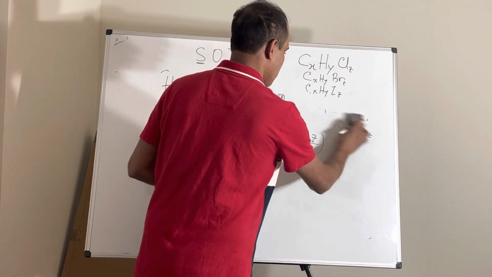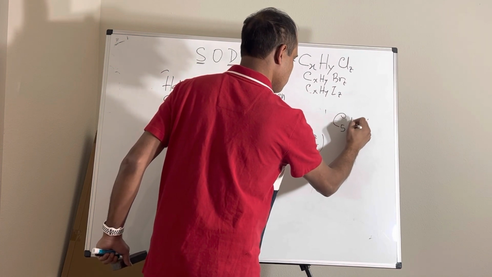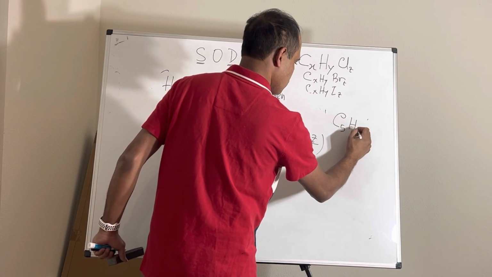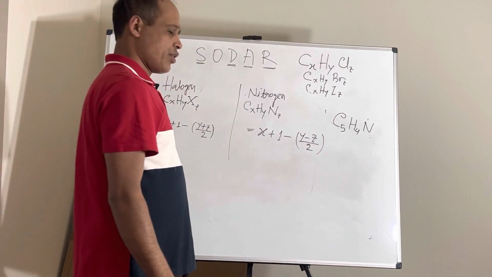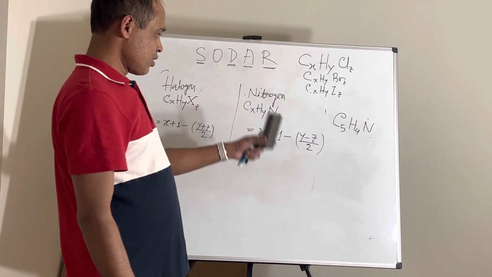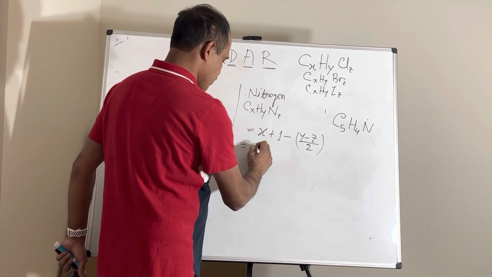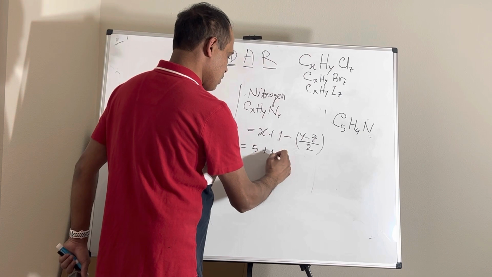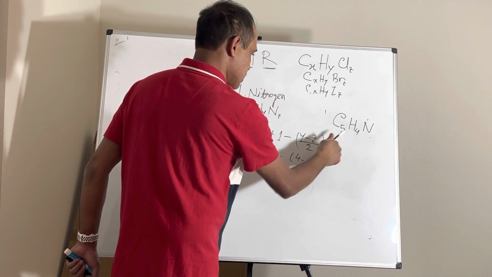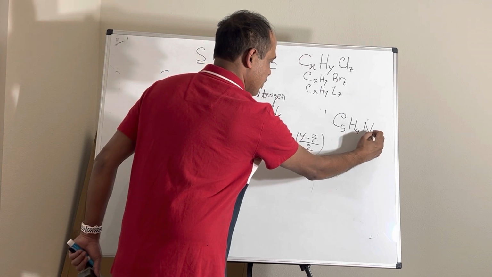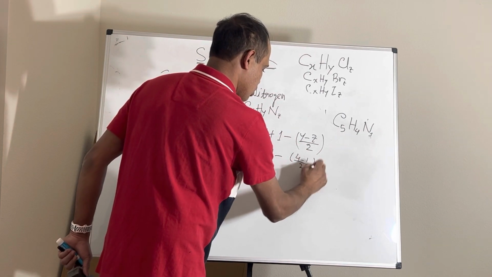Let's see for the nitrogen. For this, what is the SODAR number? So X value is 5 plus 1 minus Y value is 4 minus the N, like Z value is 1. So you can put 1 here divided by 2.